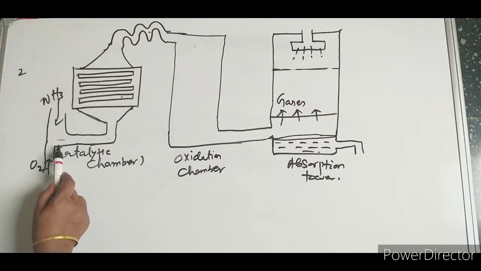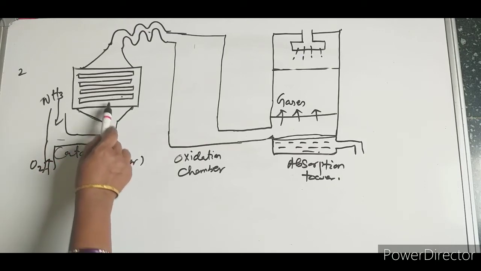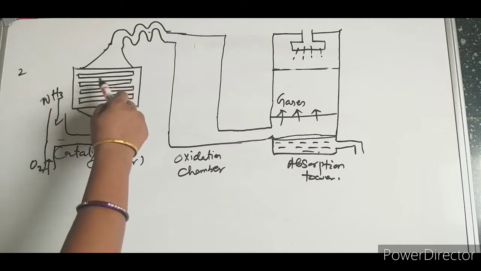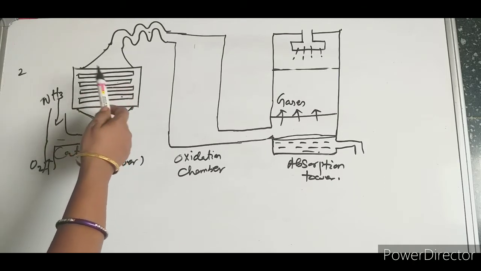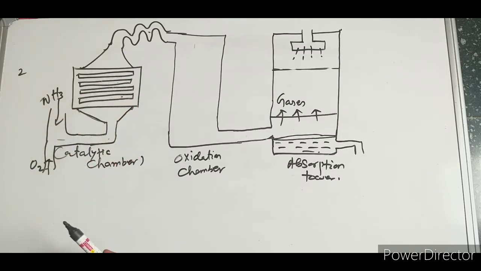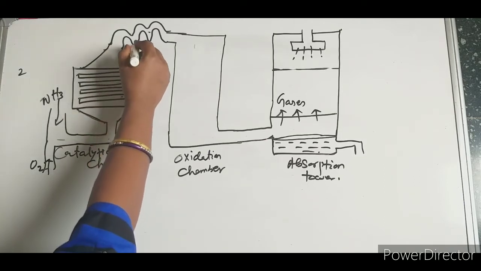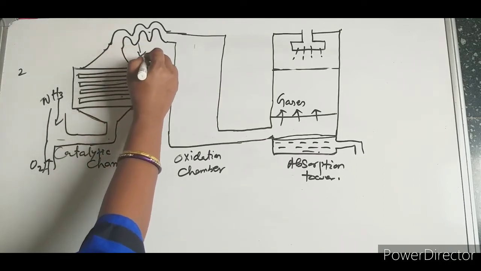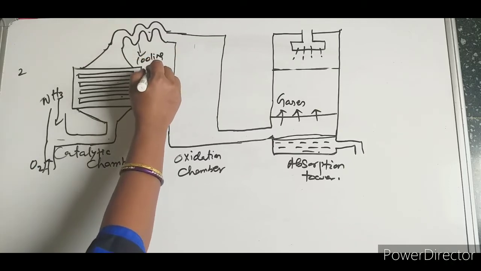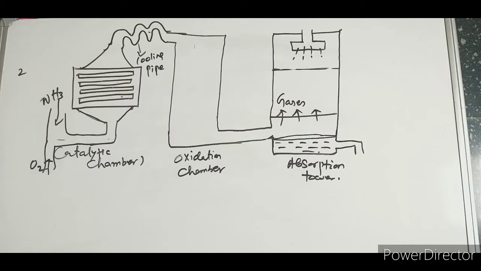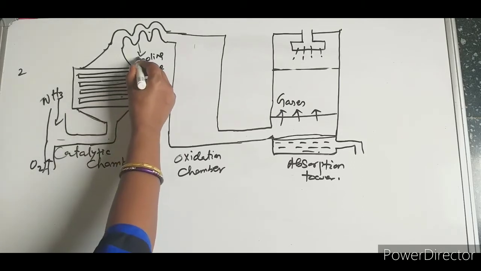Now when the ammonia and oxygen pass through the catalytic chamber, they produce NO, and this gas is at high temperature. So the temperature has to be reduced. That is why we take cooling pipes, which in some cases we can also call a condenser or heat exchanger, because it exchanges the heat.